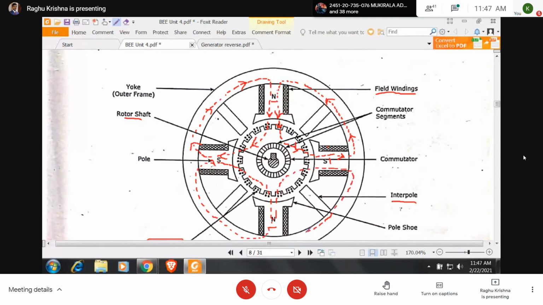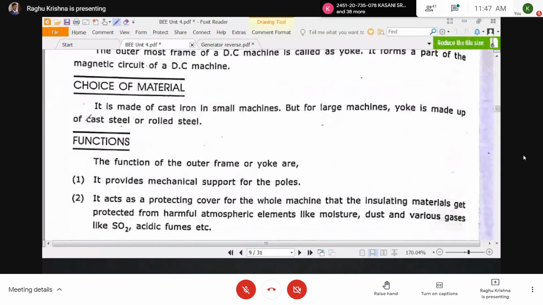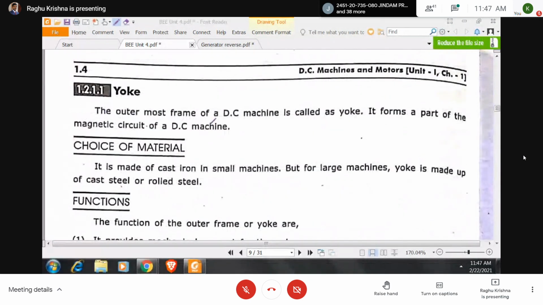I have drawn only one line of force. Generally, you are going to have more lines of force. The outermost frame of a DC machine is called the yoke. It forms a part of the magnetic circuit of a DC machine.